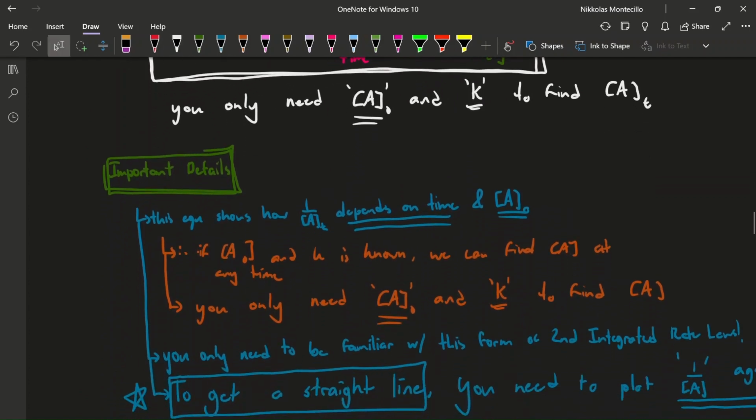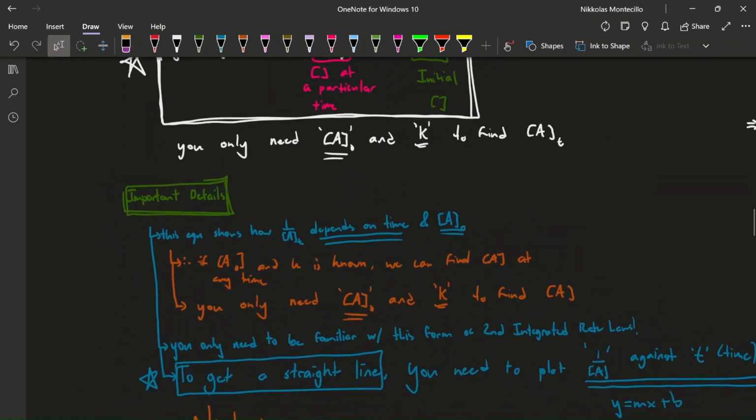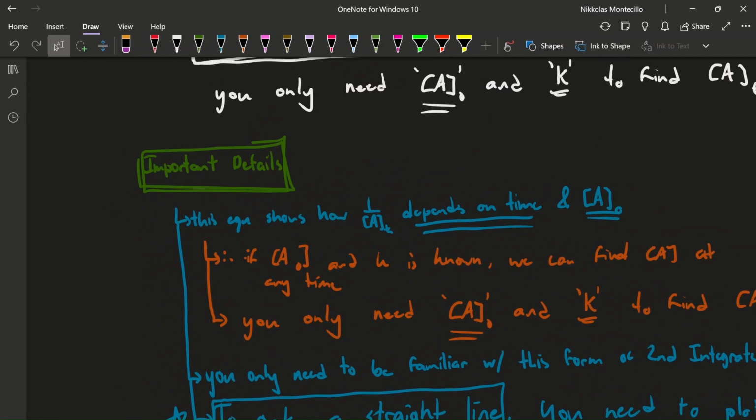So, some important details. This equation shows how the inverse of the concentration of A at a given time T depends on time and the initial concentration.